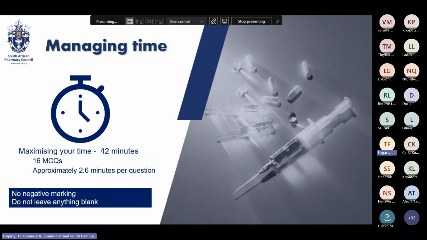Then the examiners and the moderators sit and they go through all of the questions together as an exam panel, making sure that they're not ambiguous, that there's not two correct answers, that it's written clearly, that nobody will misunderstand the question. And so by the time you see the exam paper, it's gone through so many pairs of eyes that if there is a mistake, then it's about 20 pairs of eyes that have looked over it multiple times that haven't seen that mistake.